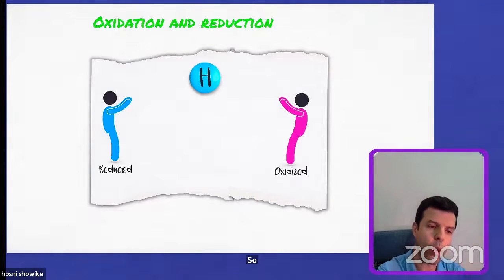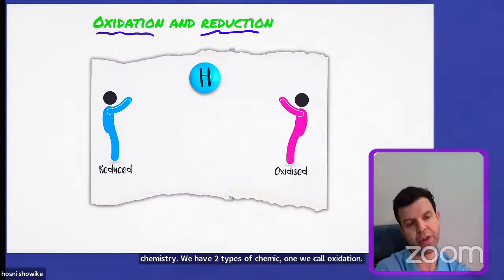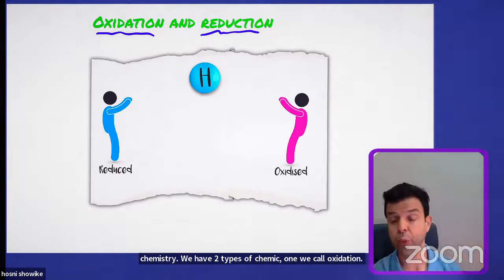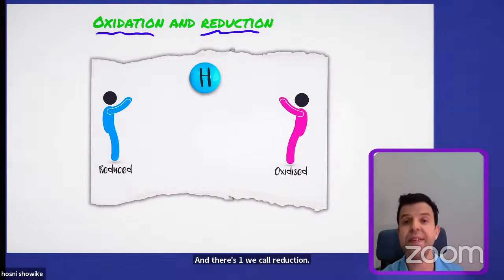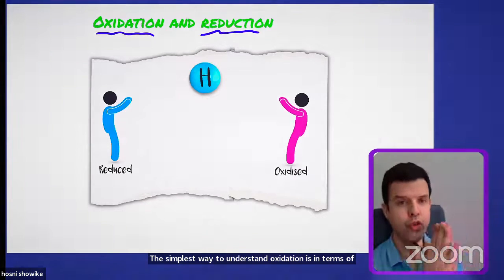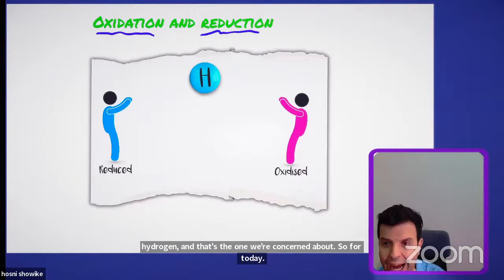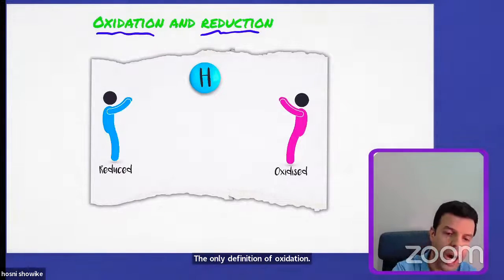There's one we call oxidation, and there's one we call reduction. The simplest way to understand oxidation and reduction is in terms of hydrogen, and that's the one we're concerned about. So for today, the only definition of oxidation and reduction has to do with hydrogen.